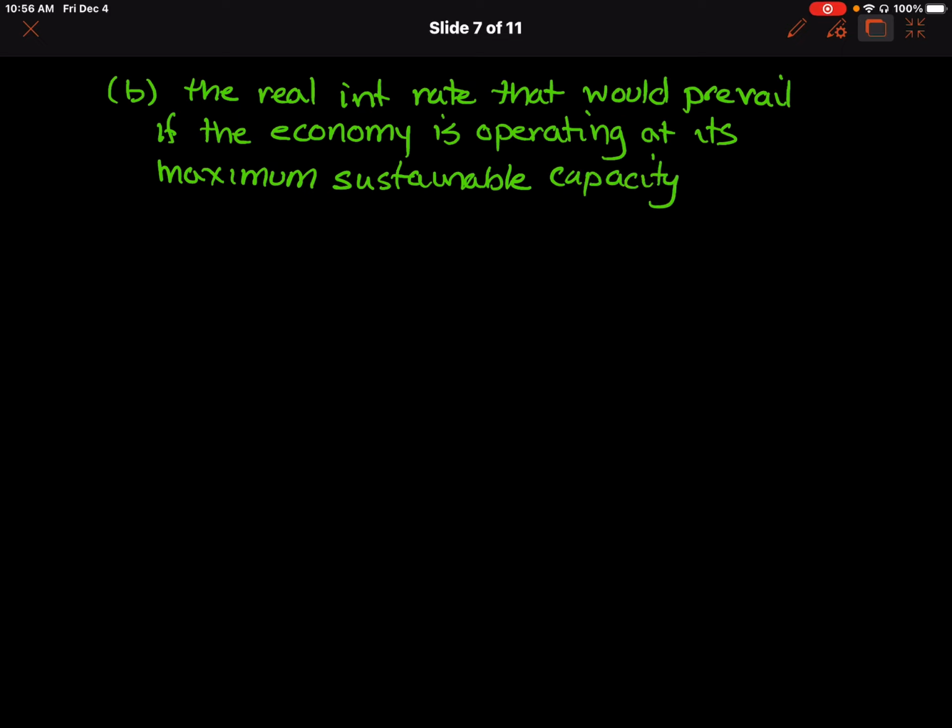So what does that mean? That means we're thinking about the long run, and maximum sustainable capacity means that the level of real gross domestic product is the potential level of gross domestic product, so that the output gap is zero.